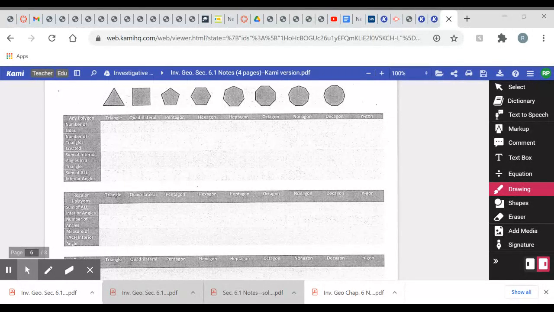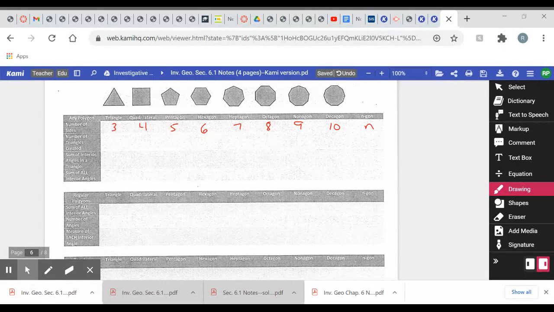So the first row is asking us how many sides these figures have, and you can see the figures right above. If you don't know, you can just count how many sides, and you should see a pattern here. A triangle has 3 sides, a quadrilateral has 4, a pentagon has 5, a hexagon has 6, a heptagon has 7, an octagon has 8, a nonagon has 9, a decagon has 10 sides, and then an n-gon is just, they don't have a name for it, but they might say 15-gon or something.